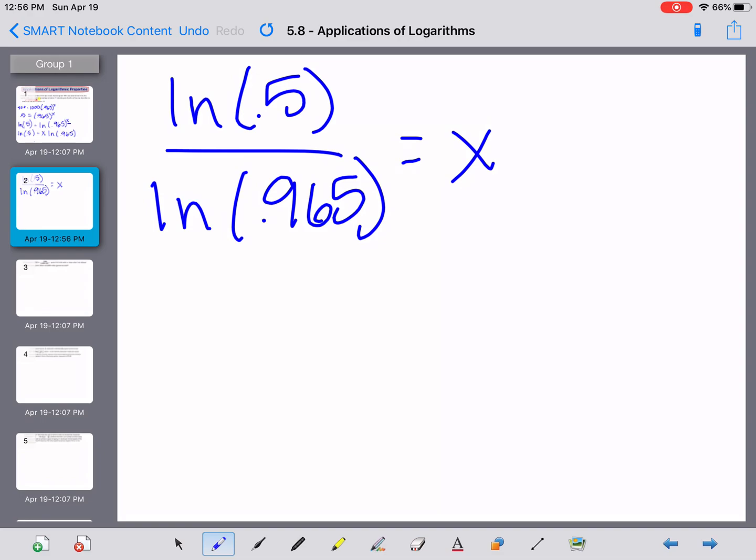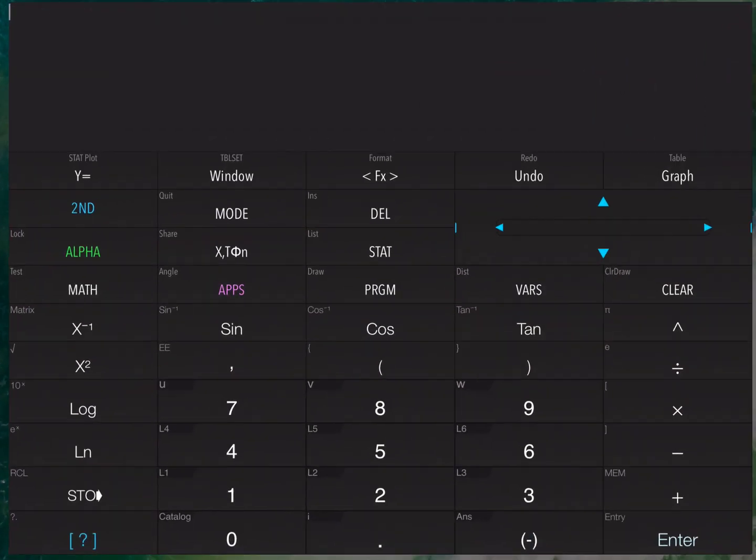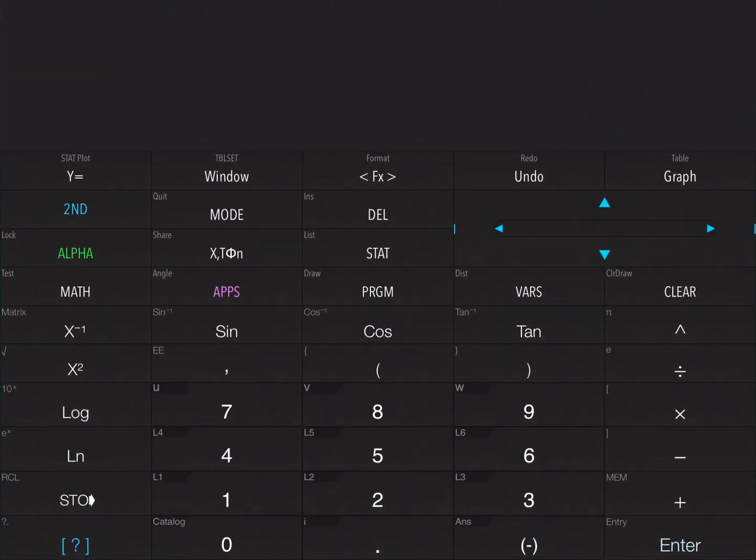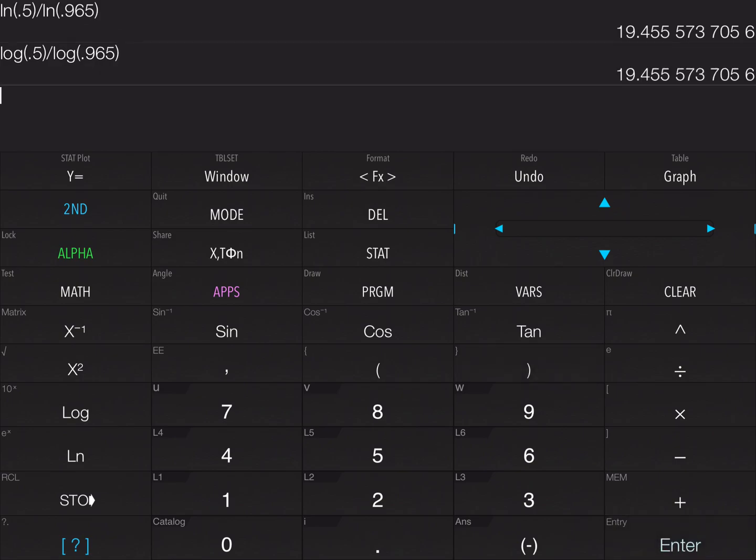Okay, so let me punch that into my calculator, whether you're using the TI that's for the MCA or this one or some other, or your own calculator, it's fine. So I'll go natural log 0.5 divided by natural log 0.965. I'll get that. And remember, just so that we're on the same page, you can do this with log and get the exact same thing.